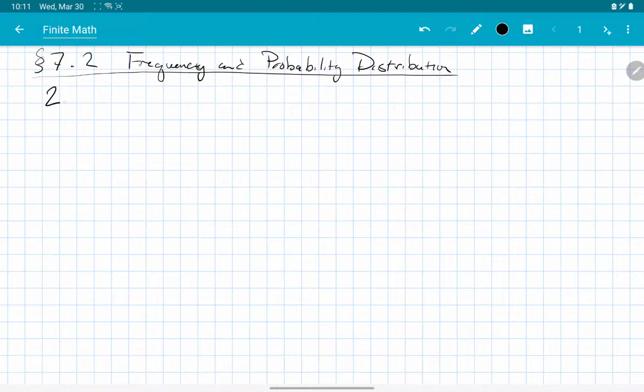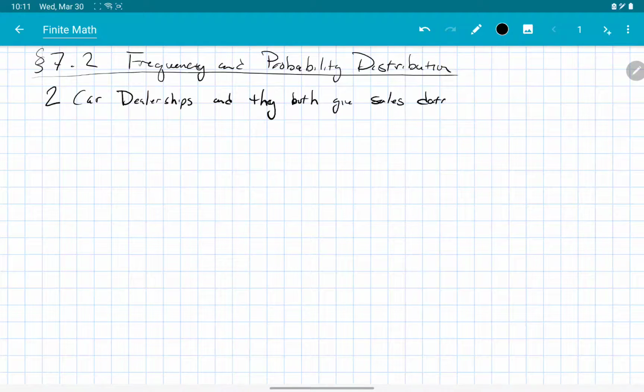Let's say there are two car dealerships, and they both give sales data. This is how they give the data.